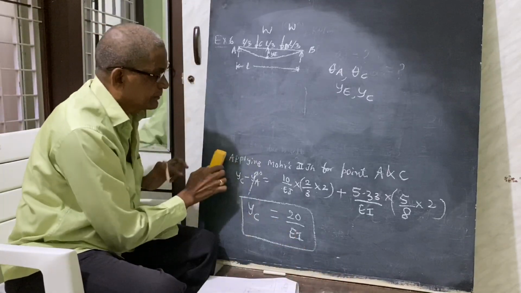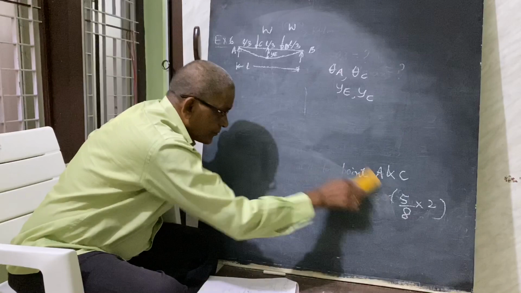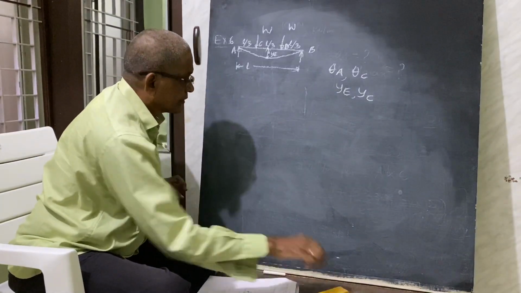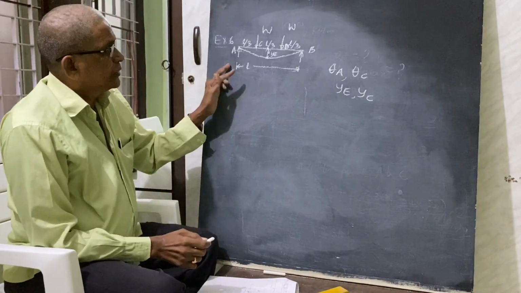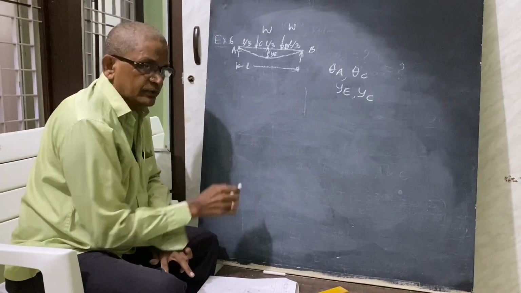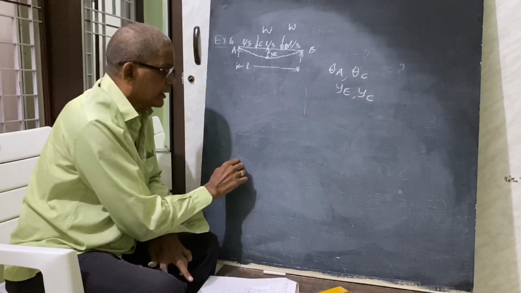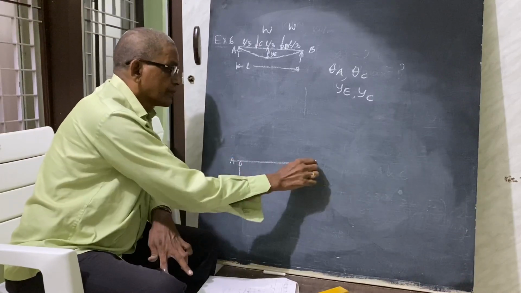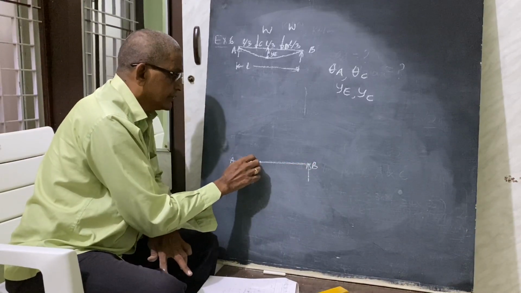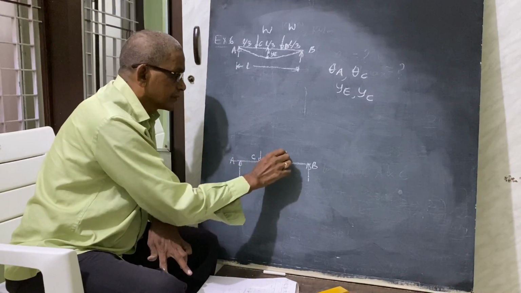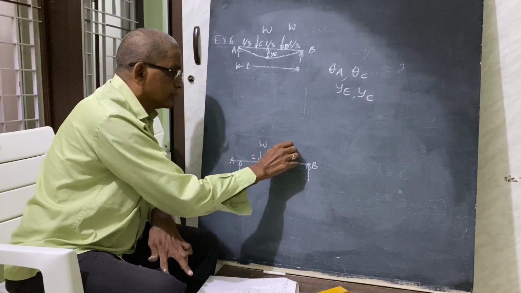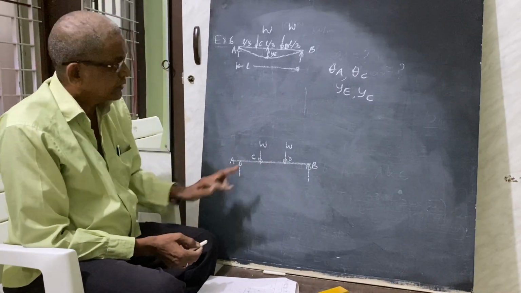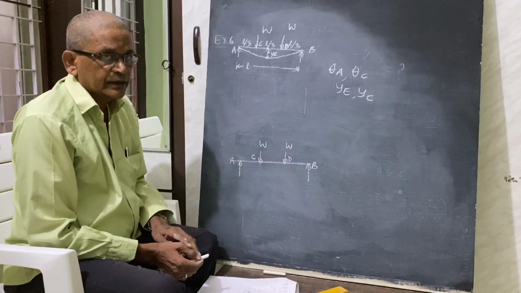So we will draw the bending moment diagram first. Because of symmetry, we want to draw the bending moment diagram. So if you take the given beam A, B, C, D with W and W, because of symmetry the reactions must be same.